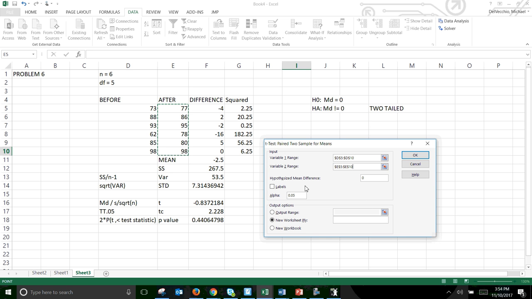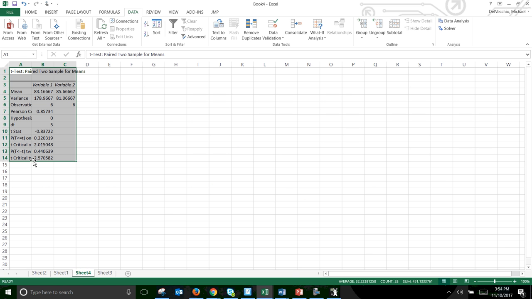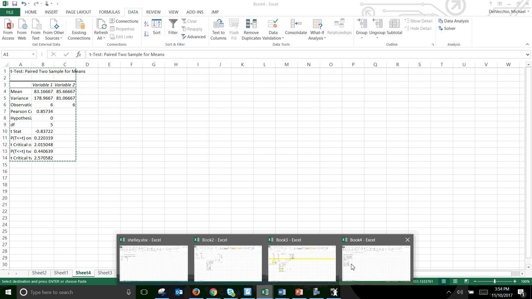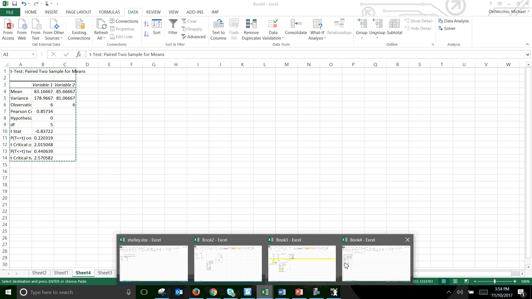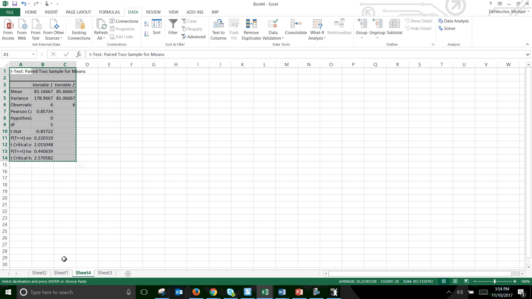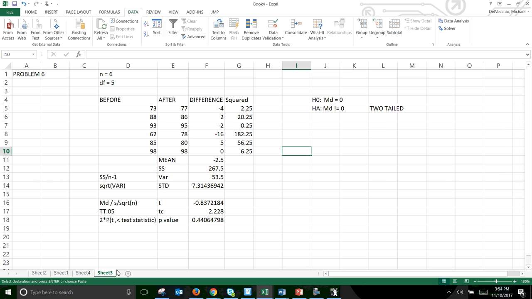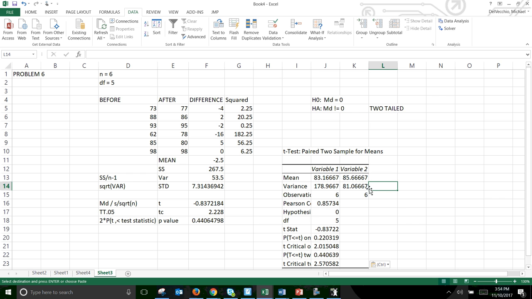Our hypothesized mean difference, we're going to keep it 0, and our alpha level, we're going to keep it 0.05. Okay, I'll put the output in a new sheet and paste this in. There, here it is.